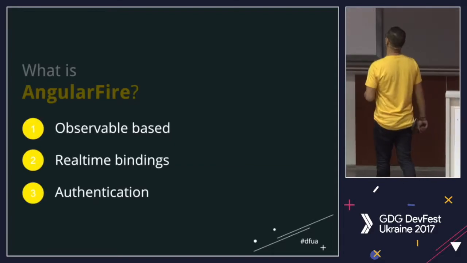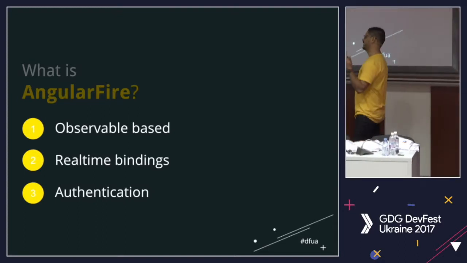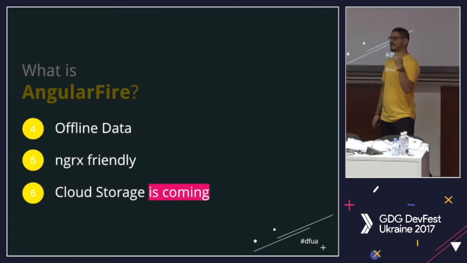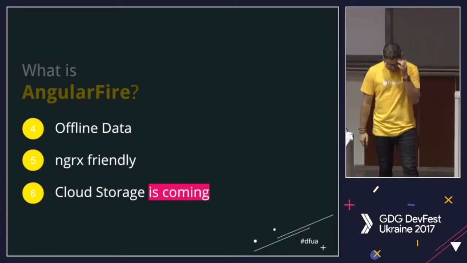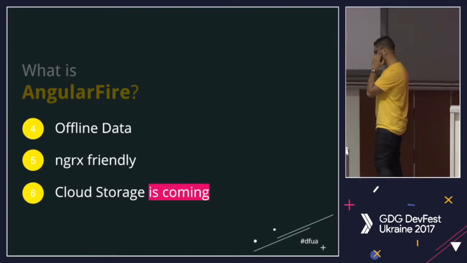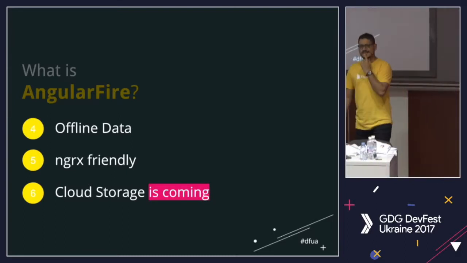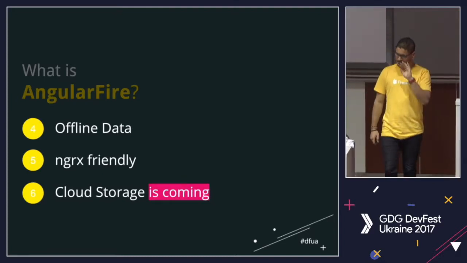Okay, so we have observable-based, real-time bindings, authentication, offline data. This is something that I still don't believe, because 2 years ago I was like, okay, and how about offline? And it was coming soon, and that soon was like 2 years, but that's fine.